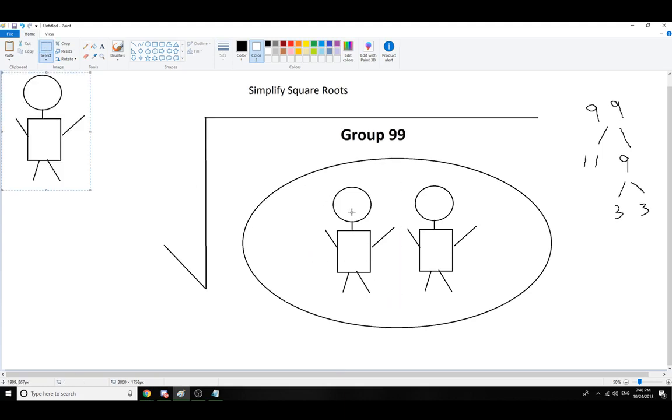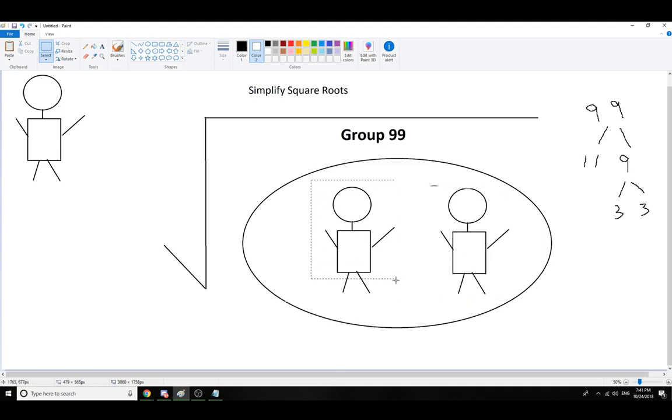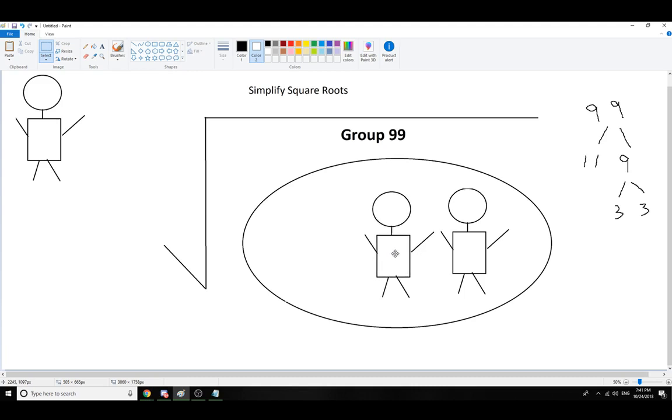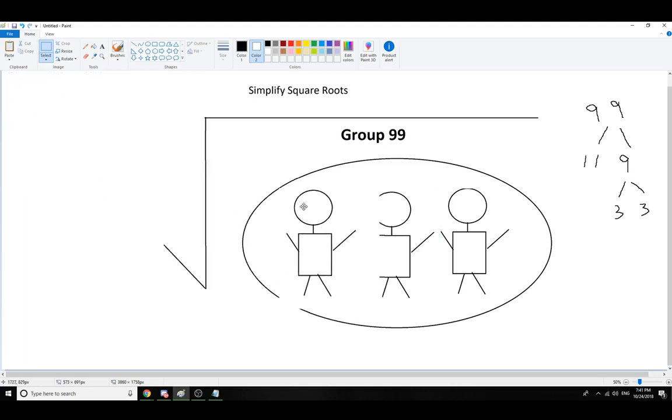So they're going to move on in here. Bear with me. So we're going to get 3 people in jail now.